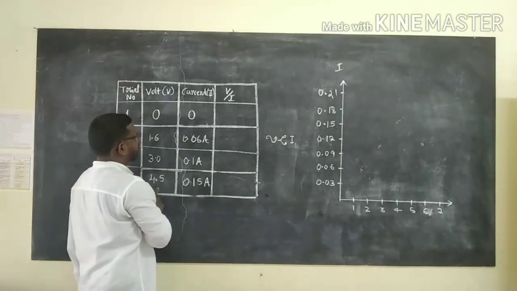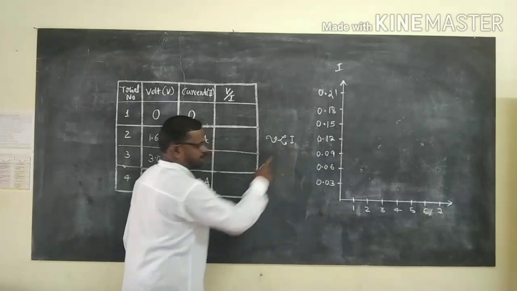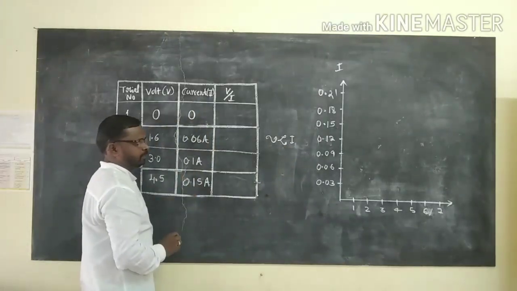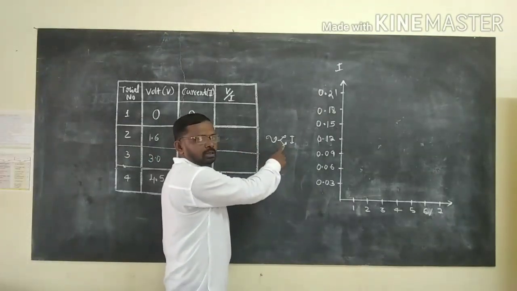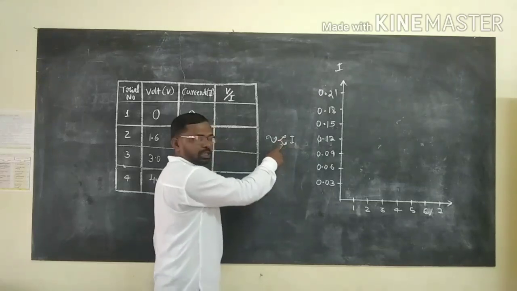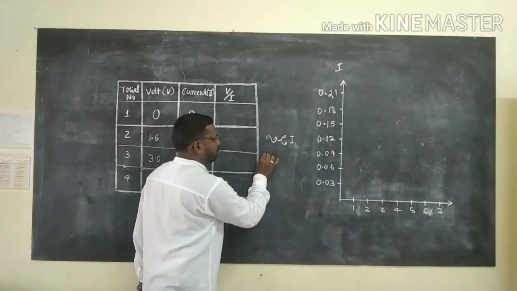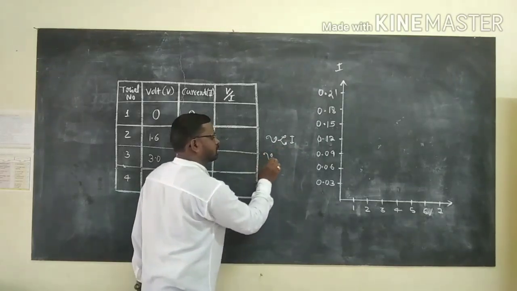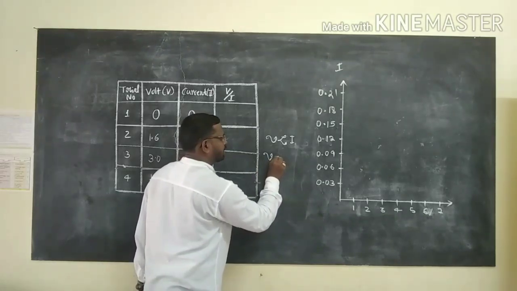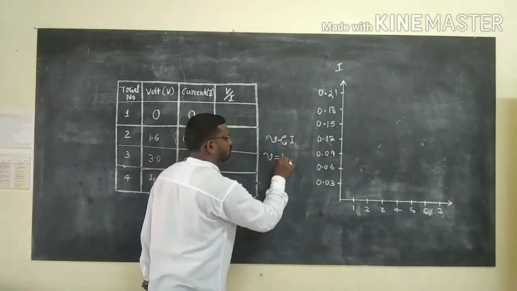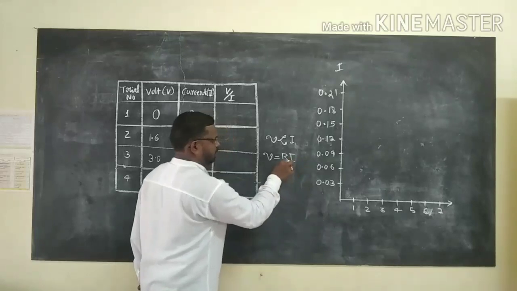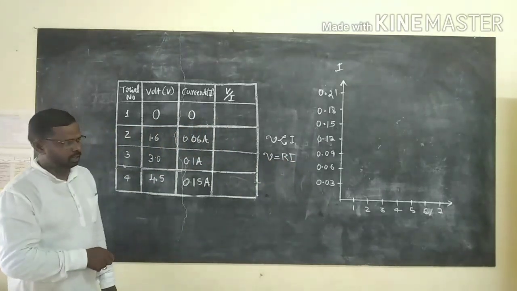Here, volt is directly proportional to the current through a conductor. This is the proportional equation. Now I replace the proportional equation with the mathematical equation V = RI, and here R is a constant.